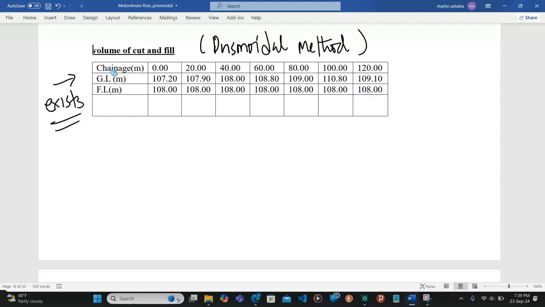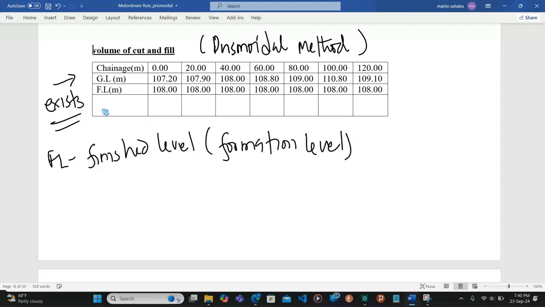If we find that the finish level is higher than the ground level, we shall be doing what? We shall be doing filling of the ground level to reach the finished level. So FL is the same as saying finished level, or what others call the formation level.